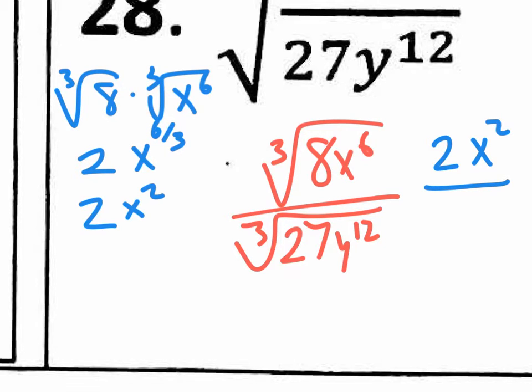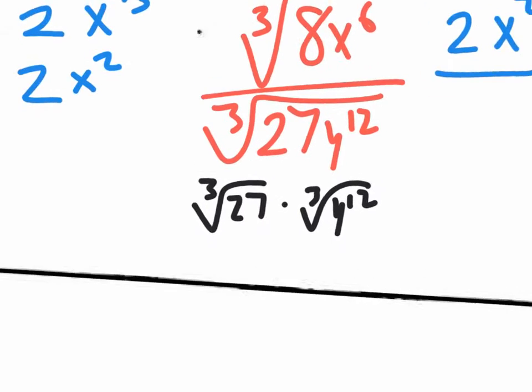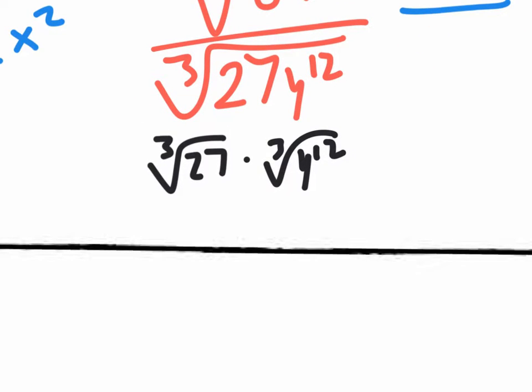Let's do the same for the bottom one. The bottom one, we're going to split it up and say the third root of 27 times the third root of y to the 12th. And right there, the third root of 27 is what? 3.